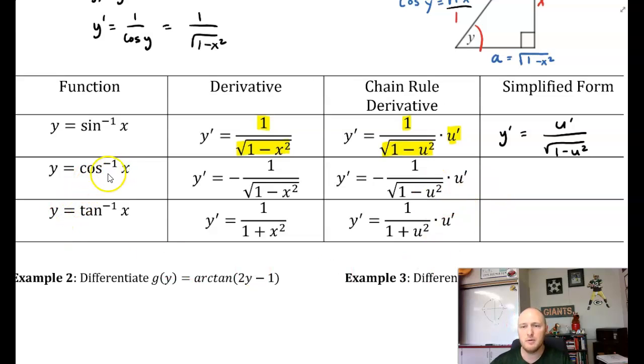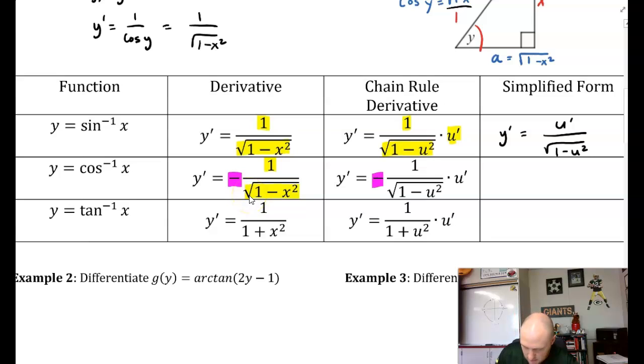Cosine inverse. The beautiful thing about arc cosine is it's the same exact thing as sine, except whenever we take a derivative of a co, we always have a negative. So again, I want you to see, do you see how it's the exact same thing, except there is a negative out front.